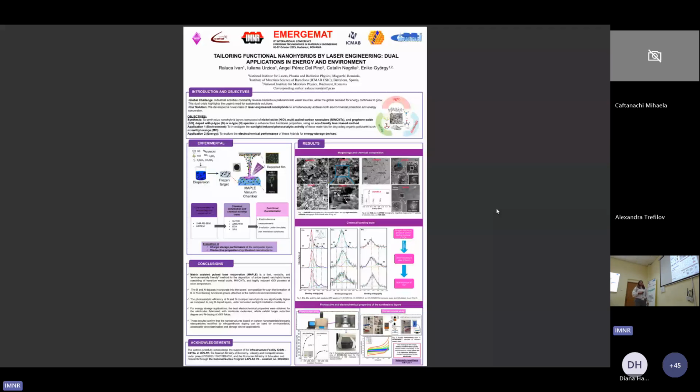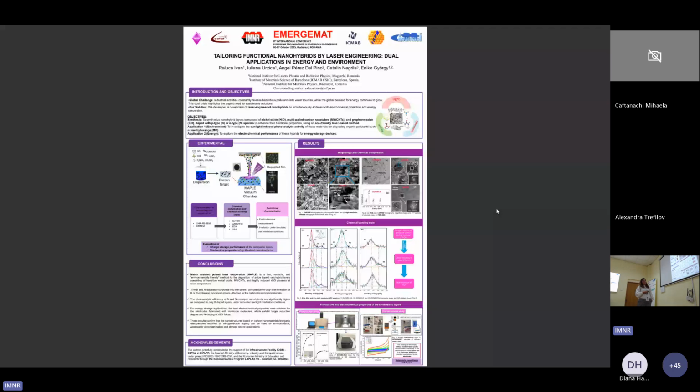After that, in order to demonstrate the functionality of our layers, we tested them for water cleaning using methyl orange as the contaminant under simulated sunlight conditions. In the photocatalytic test, the best performance was obtained for our hybrid layers containing also nitrogen and boron compounds.